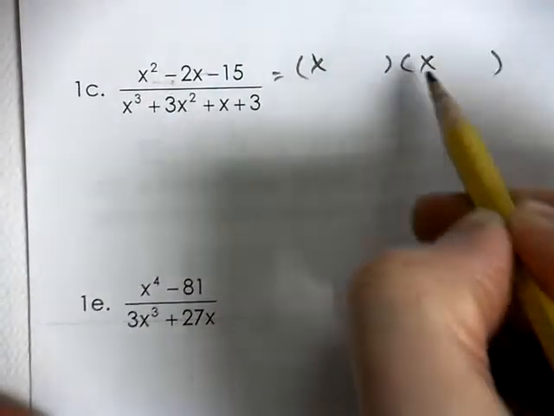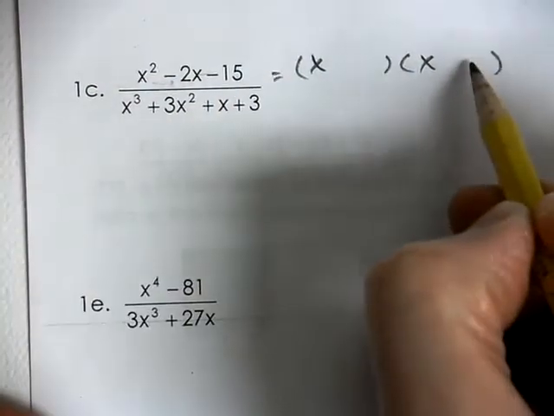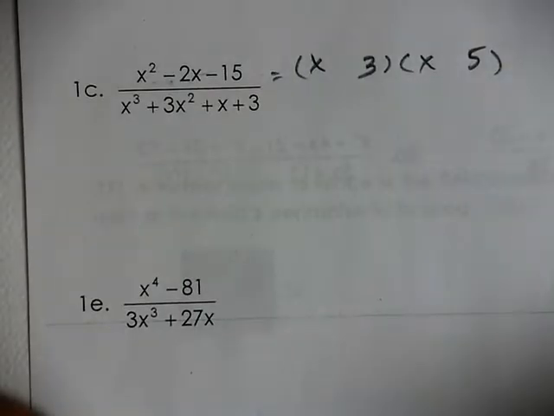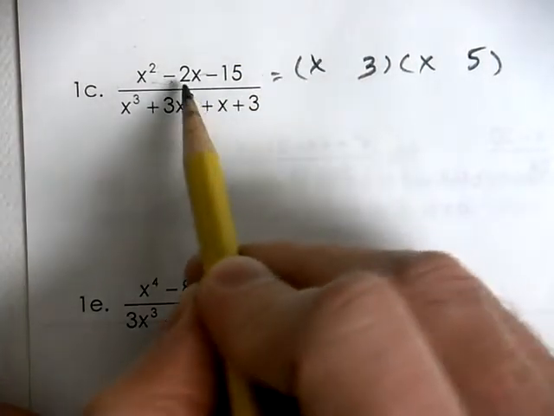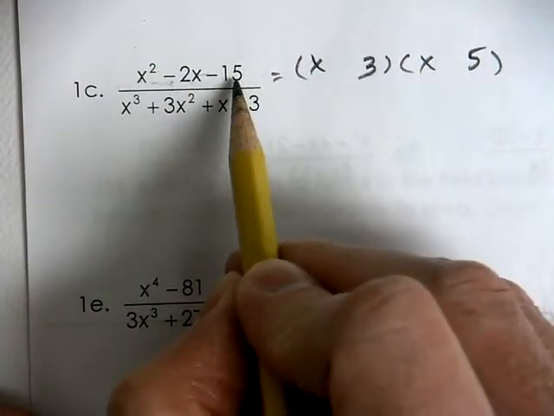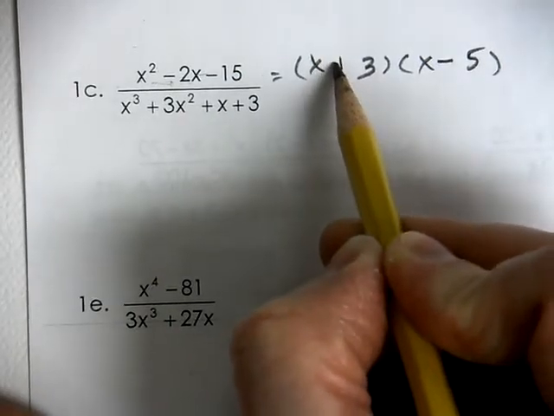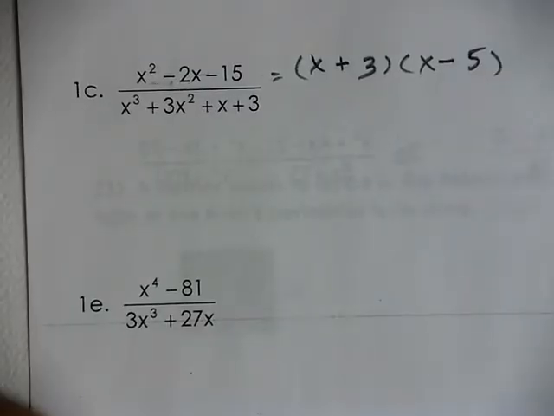And we're thinking about what multiplies to be 15 and adds to be 2. That's 5 and 3. So we're using our factoring skills again. What multiplies to be negative 15 and adds to be negative 2 would be a negative 5 and a positive 3.